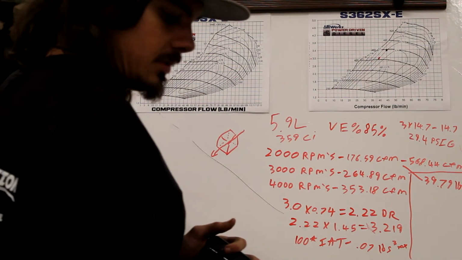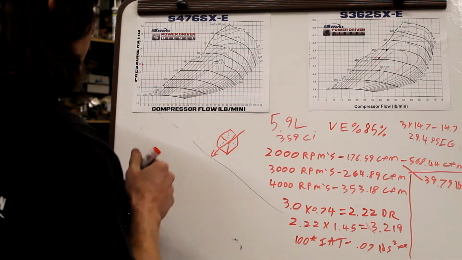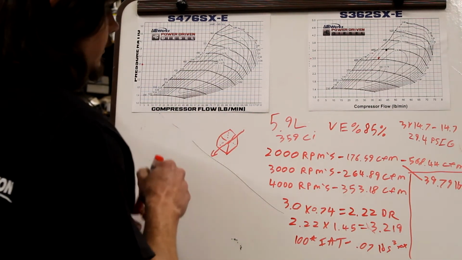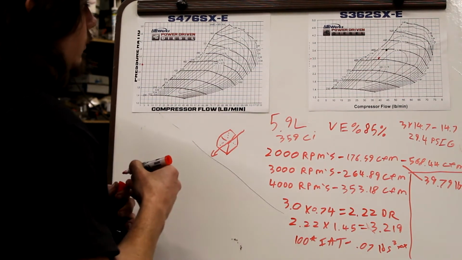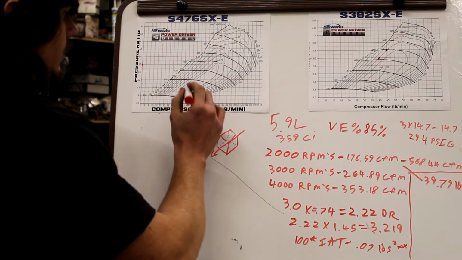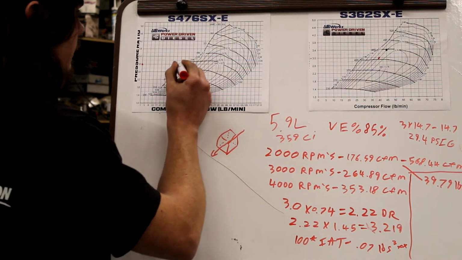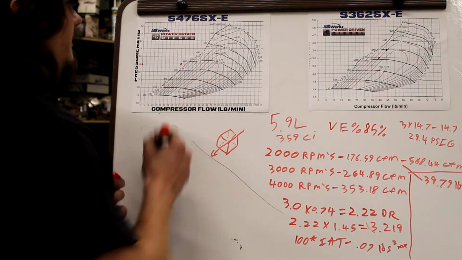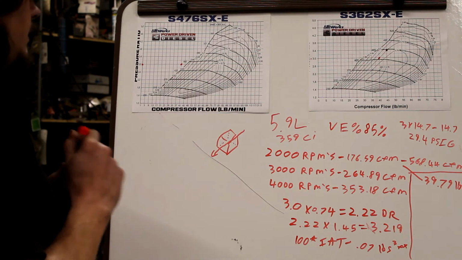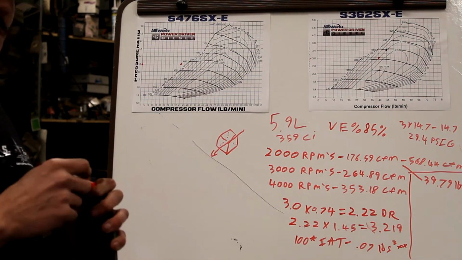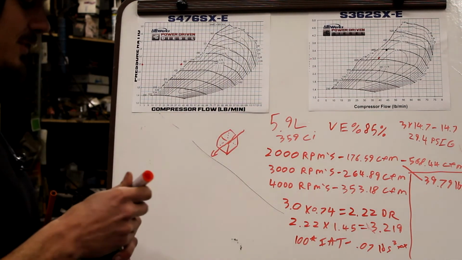If we did that same thing on the 476, 3.0 at 40 pounds, so if you're at 2,000 RPMs and you have 30 pounds of boost with your 5.9 liter engine, at 40, we are here. We are in the surge area. We're in an area of unstable flow. This does not mean the turbocharger goes into surge. This means that there's the probability for the turbocharger to go into surge.